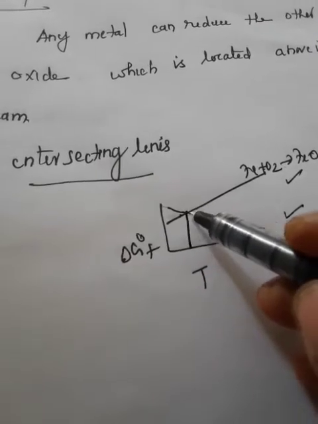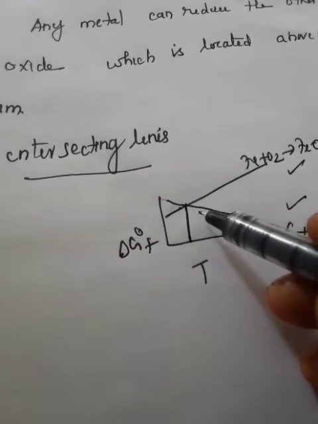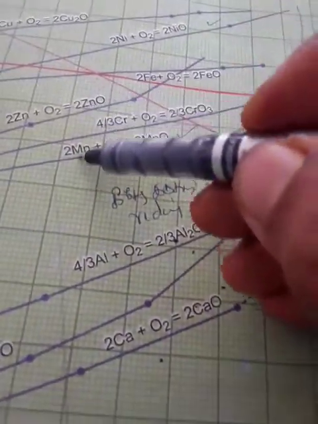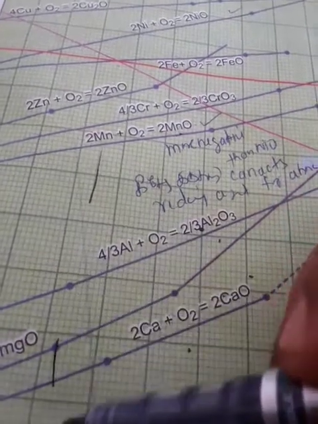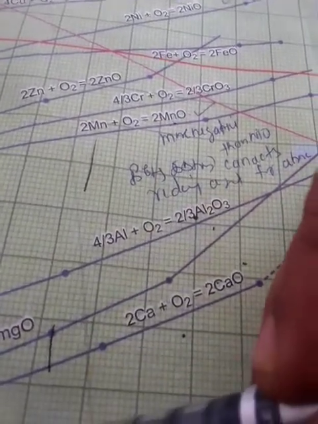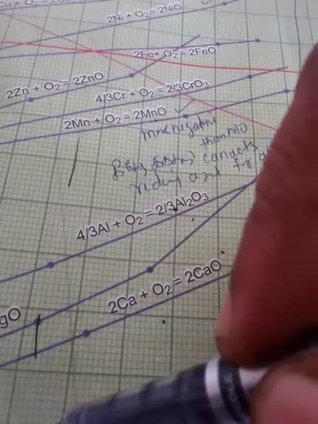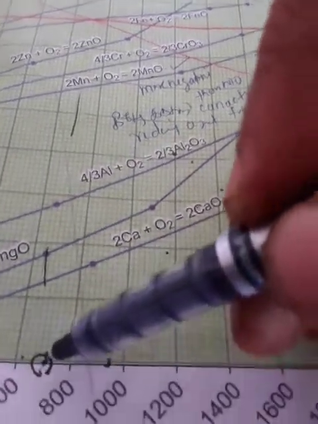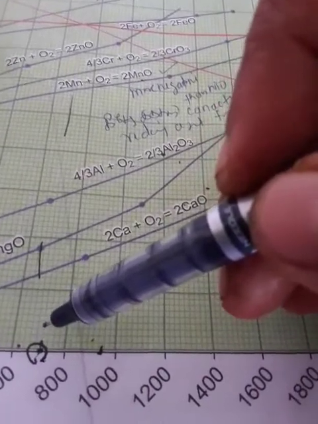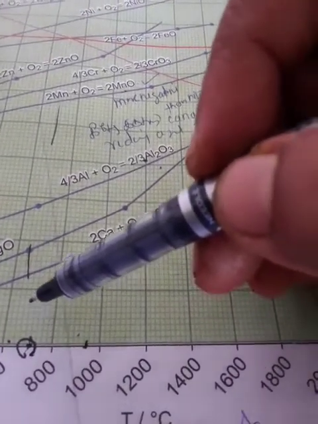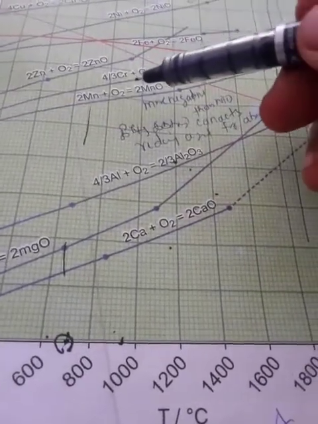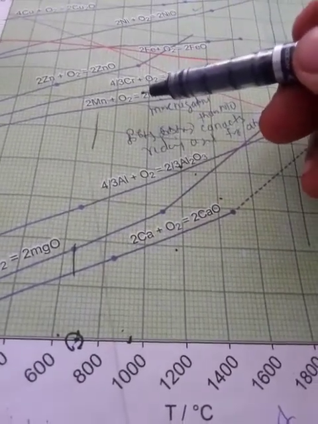If degree Celsius is converted to Kelvin, it is nearly around 1000 degrees Celsius. For example, given a diagram, see, this is the intersecting line, 600, 700 plus 273, nearly 1000 Kelvin. This part, 1000 Kelvin. So to reduce, this is the intersecting temperature.